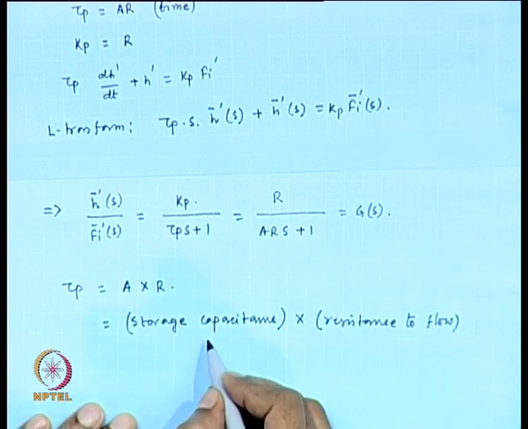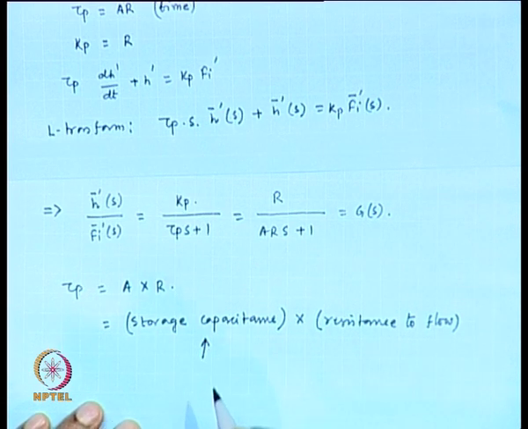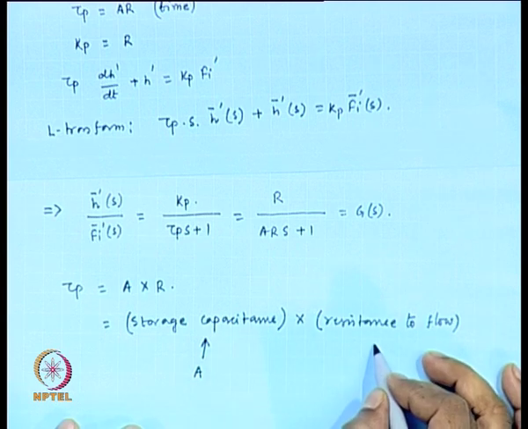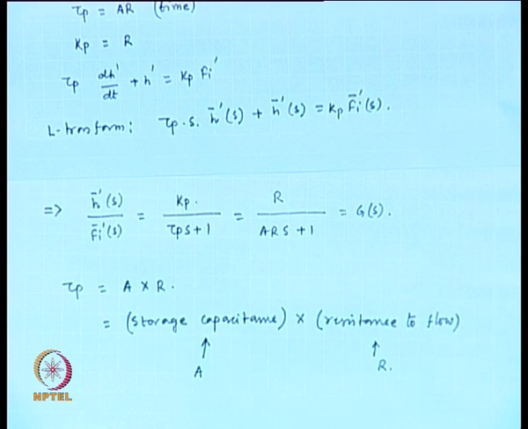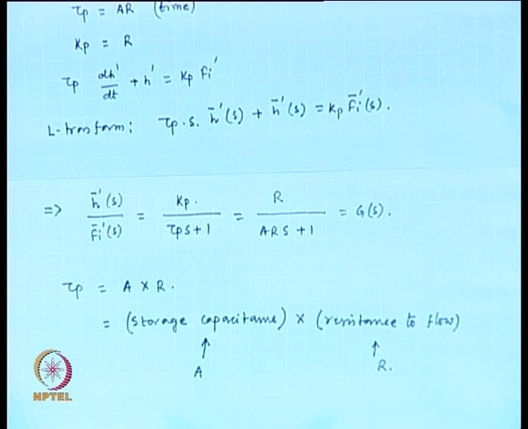Fine. Now, the capacity to store mass is measured by the value of area A, and this is obviously resistance R. Similarly, if we consider an example which is modeled by only energy balance equation, in that case this storage capacitance is basically the capacity to store energy.